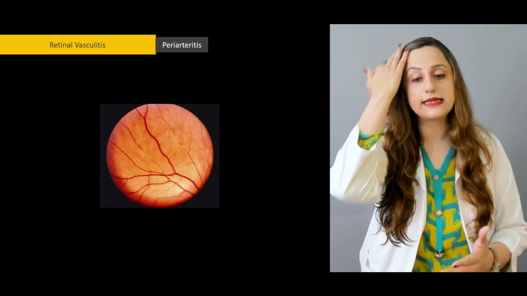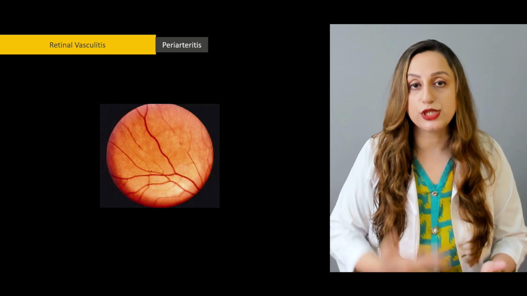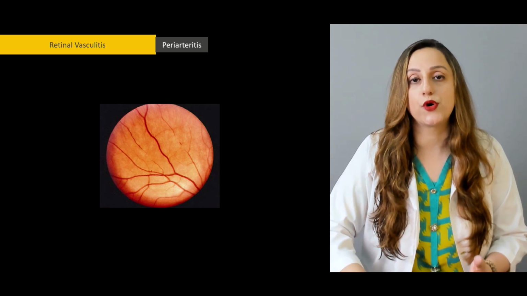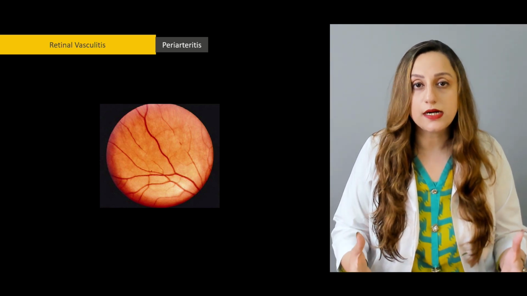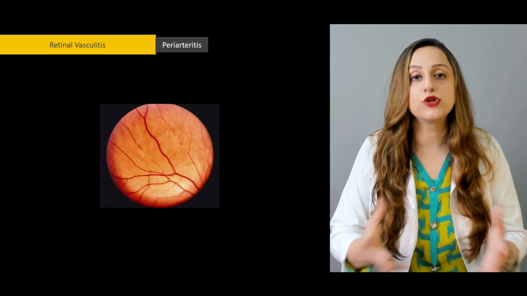Sometimes we can observe vitreous hemorrhages associated with this kind of inflammation of the arteries or the venules, and that is going to result in the signs and symptoms of floaters reported by the patient.